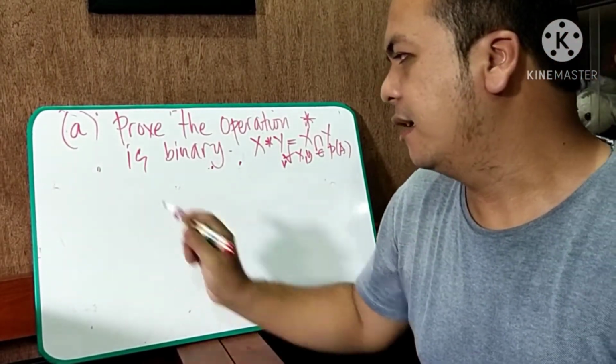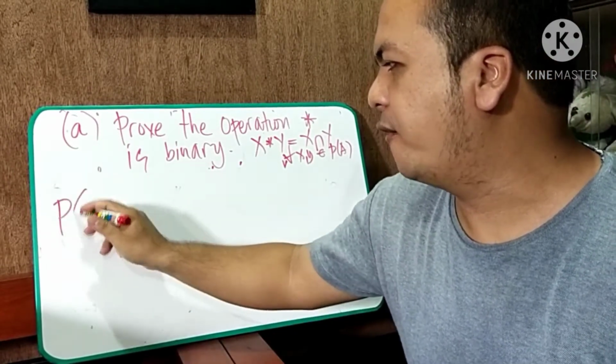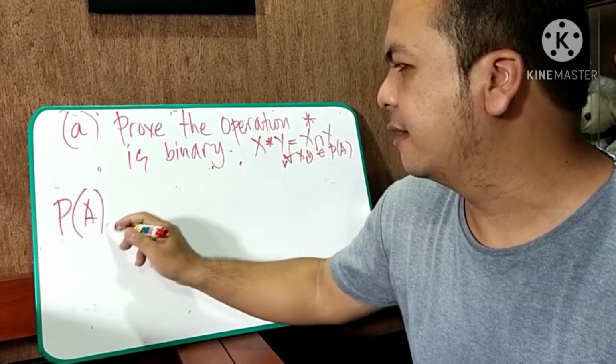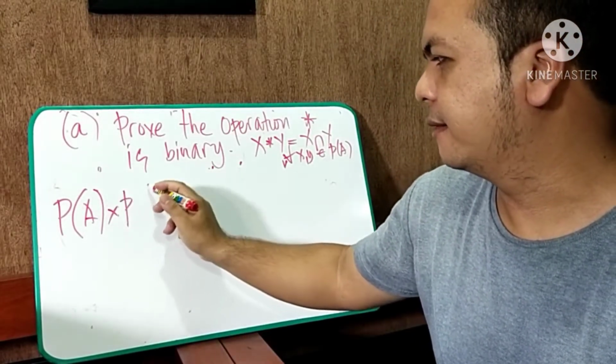So, what would be the elements of P of A times P of A? Okay.